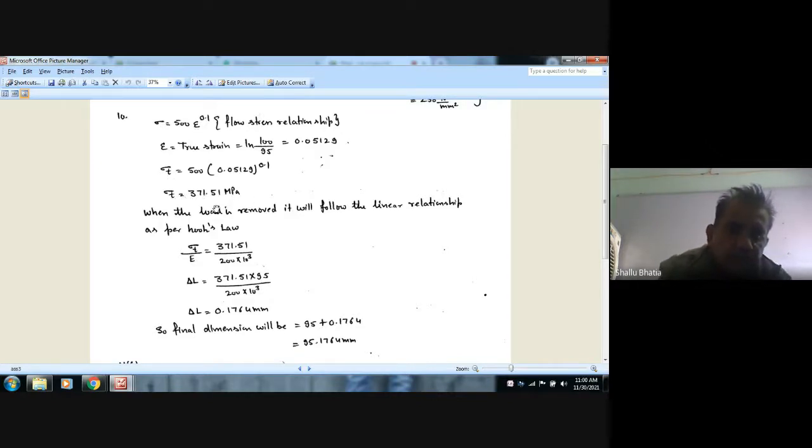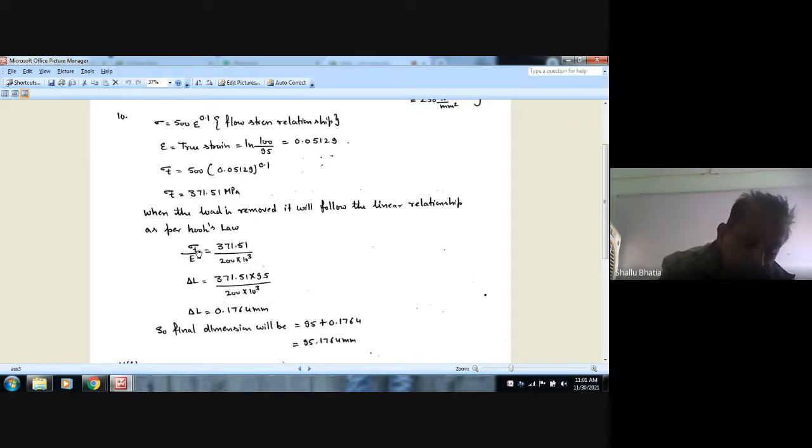Okay, so when the load is removed, it will follow the linear relationship of stress and strain and follow Hooke's law. Okay, because sigma t amount of stress has been applied on it, and it will release this stress and become free.